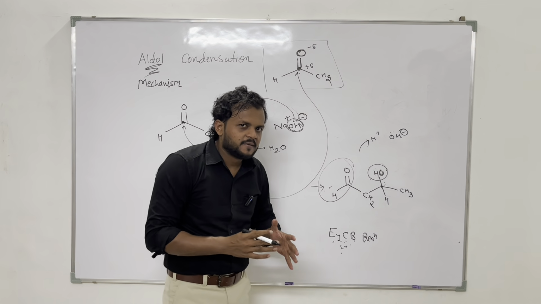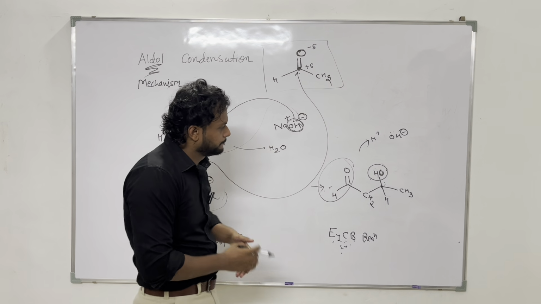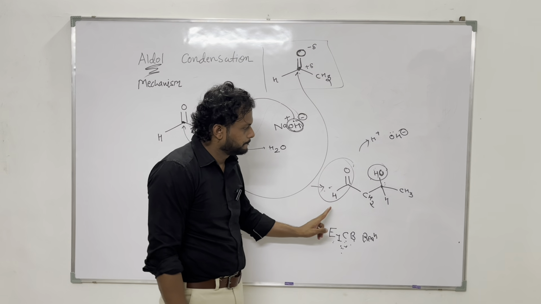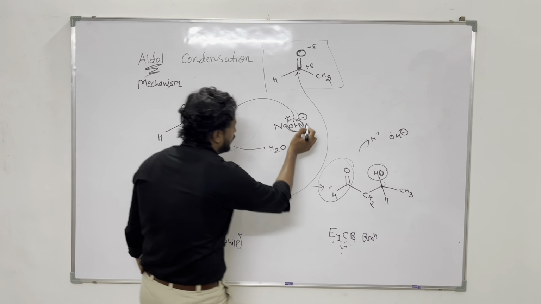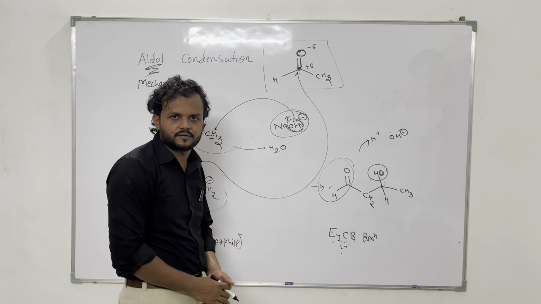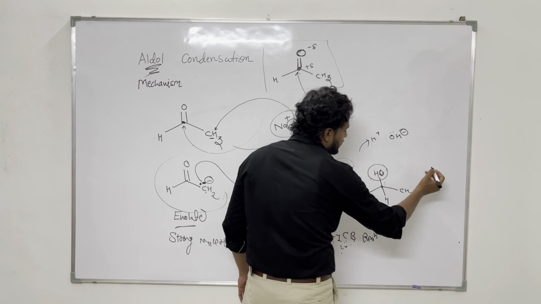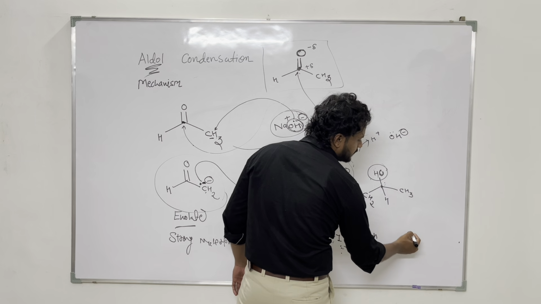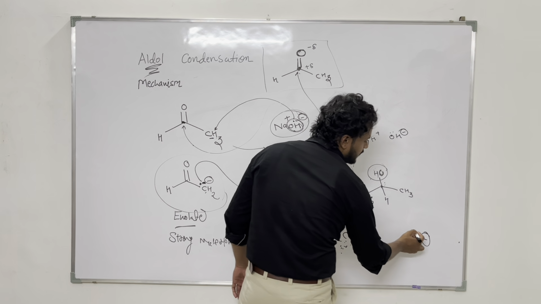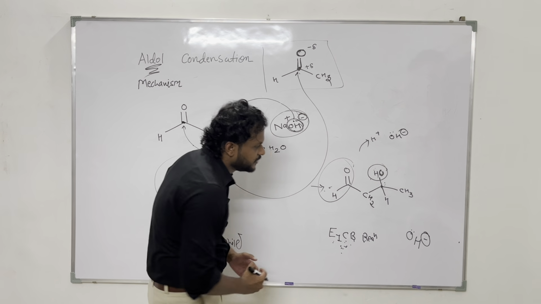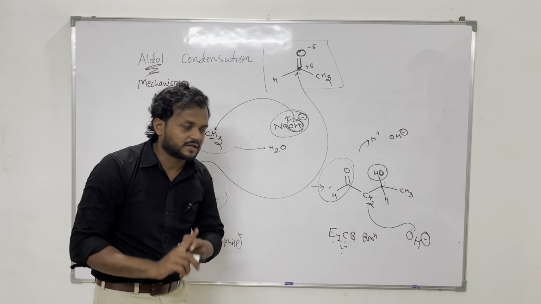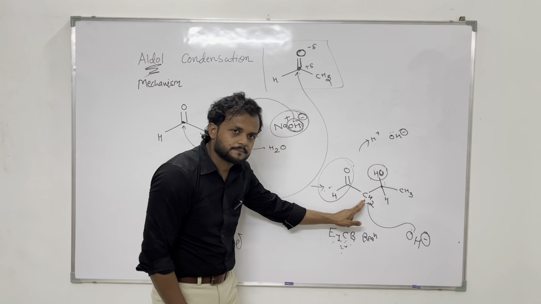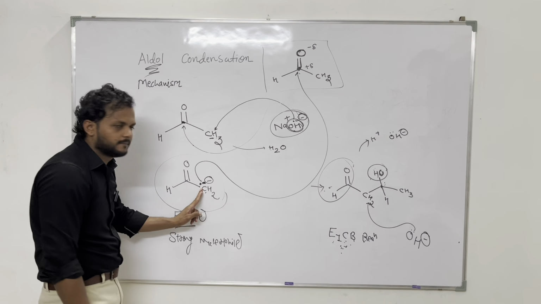It is an elimination reaction. Again, the NaOH, the base in our reaction, that hydroxide is coming to abstract one more alpha hydrogen. You can see that this is the same site, this one.